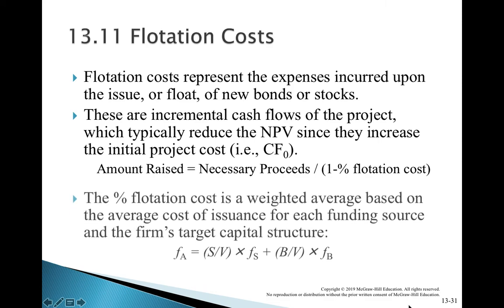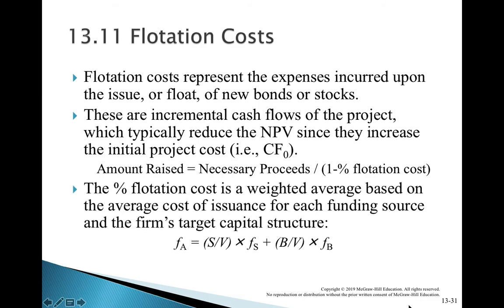NPV. Don't take this flotation cost as an expense in the project. No. Whatever amount you are receiving from the issue of the equity or debt, you adjust with the net amount, because if you are issuing 100 million at 20% premium or 10% premium, whatever you are issuing, that amount you are not getting completely.